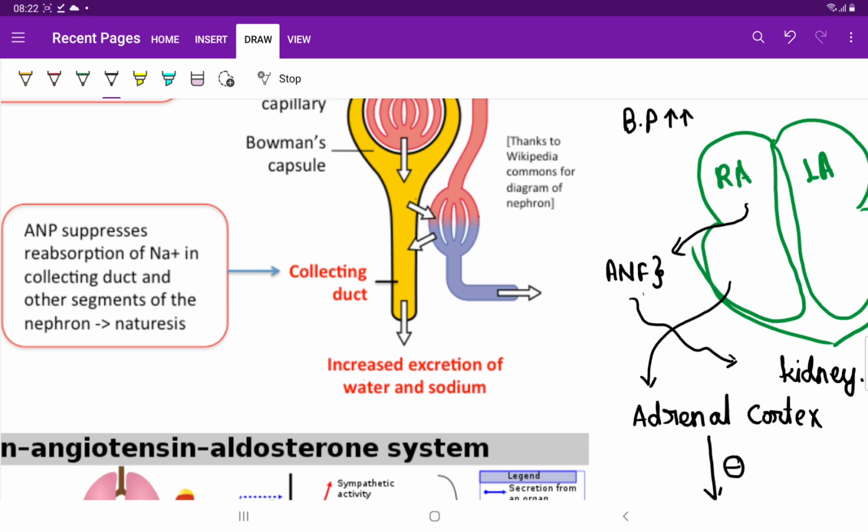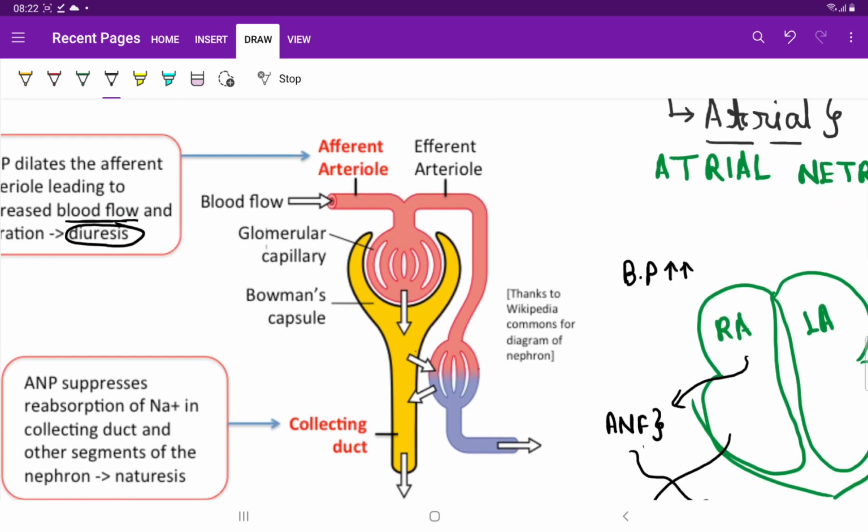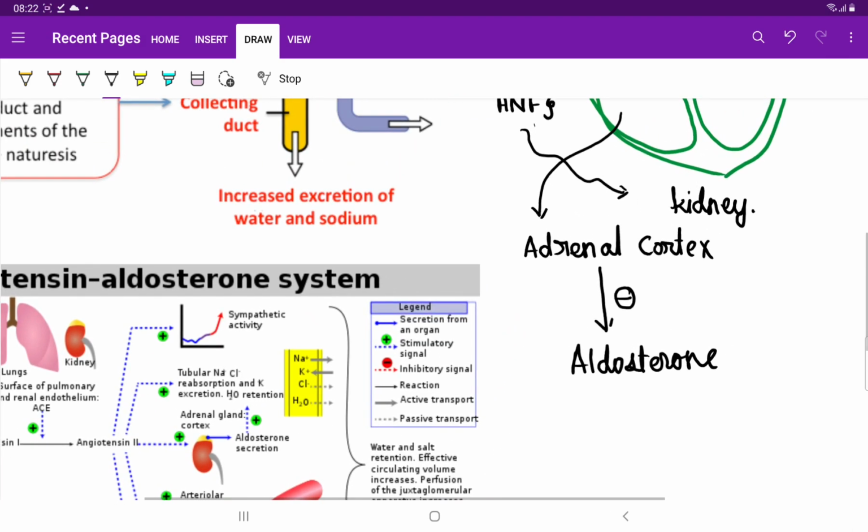Now atrial natriuretic peptide decreases secretion of aldosterone hormone. When aldosterone secretion decreases, it causes more loss of sodium and more loss of water.